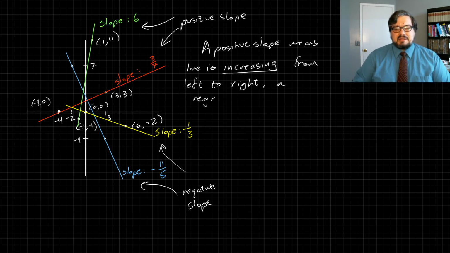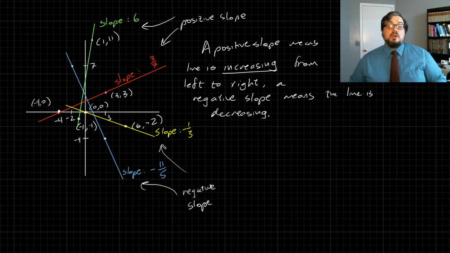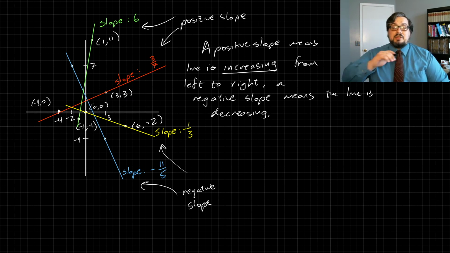And then a negative slope means the line is decreasing. So that's the first thing that the slope tells us. It tells us whether the line that we're looking at is sloping up or sloping down as we move from left to right. There's another thing it tells us, though.